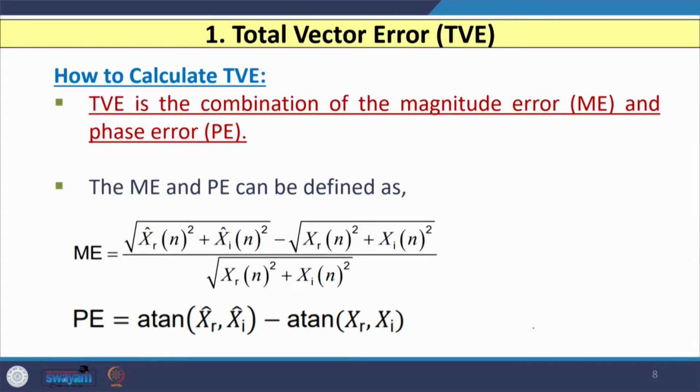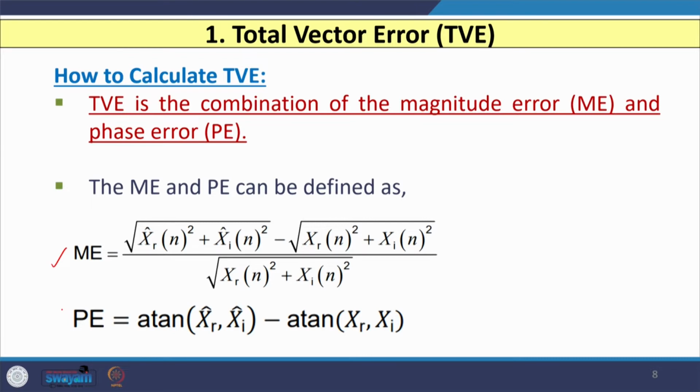So, now let us see how we can calculate the total vector error. As I told you, it is a combination of both magnitude error and phase error. These can be defined by two equations.